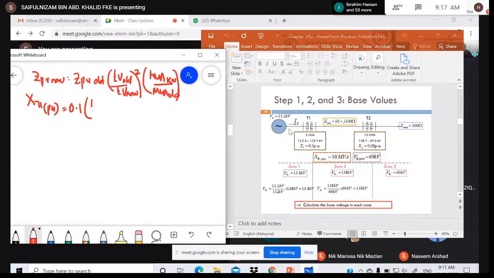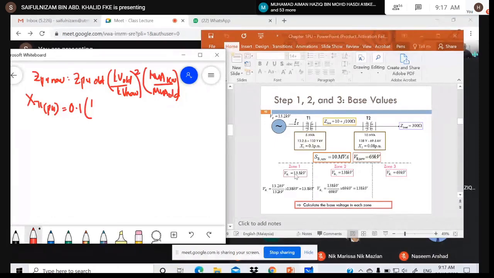If you use the primary, you have to use the new base voltage at the primary, right? The primary is 13.2 kilovolt. If you choose the secondary, 132 kV, you have to use the new base voltage at the secondary, which is 138. At the primary it is 13.8 kV, the new base voltage.